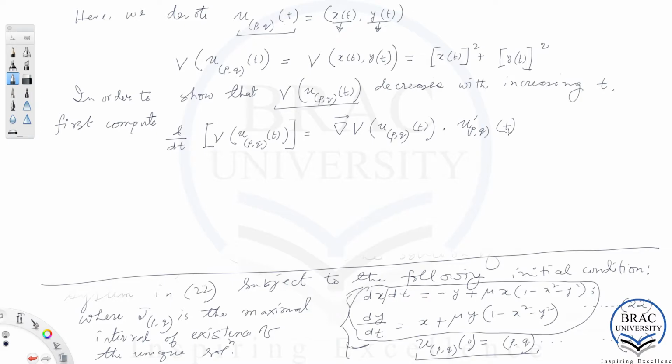It's just the plain use of chain rule, where this time derivative of the solution is nothing but, as we have denoted, we had designated this time dependent solution as this time dependent ordered pair. Then its derivative is going to be dx over dt at time t and dy over dt at time t. Good.